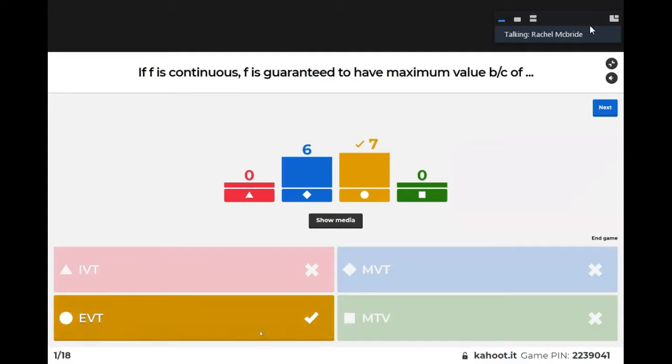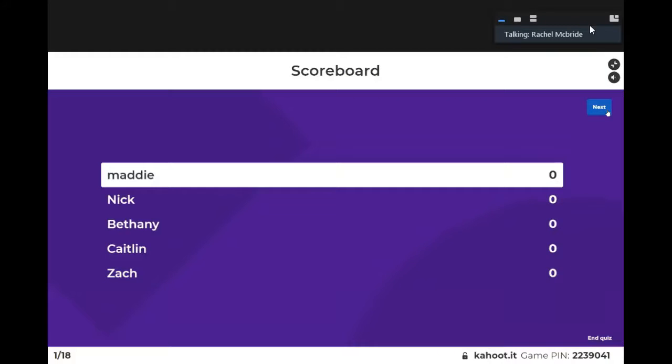The extreme value theorem guarantees an absolute max or an absolute min on a continuous closed interval. MVT guarantees that the slope of the secant equals the slope of the tangent.